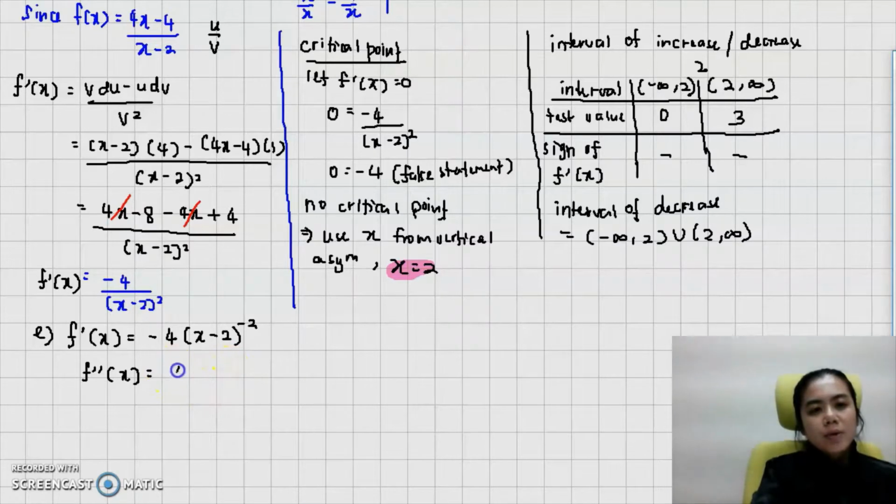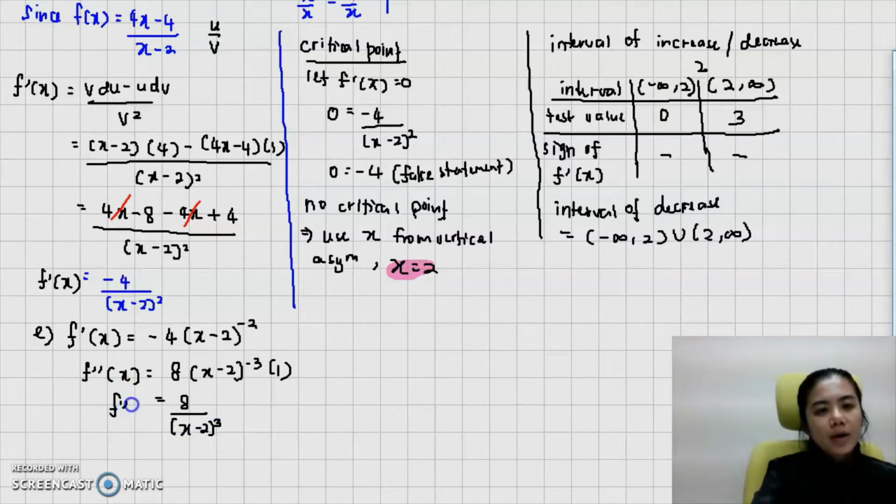This gives you 8 and (x - 2) to the power of -3, and the chain rule factor is 1 here. So we have 8 over (x - 2) cubed. That is your f double prime. Done with that, now we are going to check whether you have an inflection point or not, right?